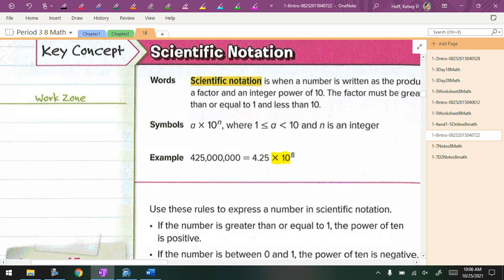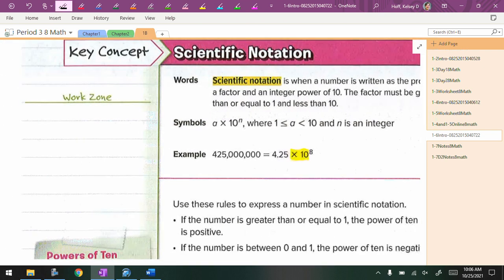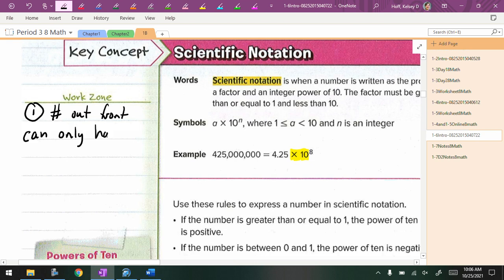Now, there's a couple of rules on the left-hand side under the work zone. Write this down. The number one rule, the number out front can only have 1 digit in front of the decimal.